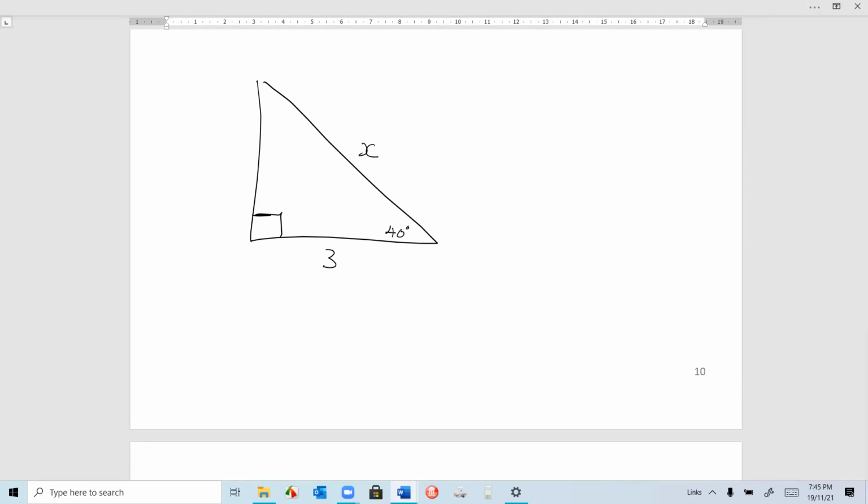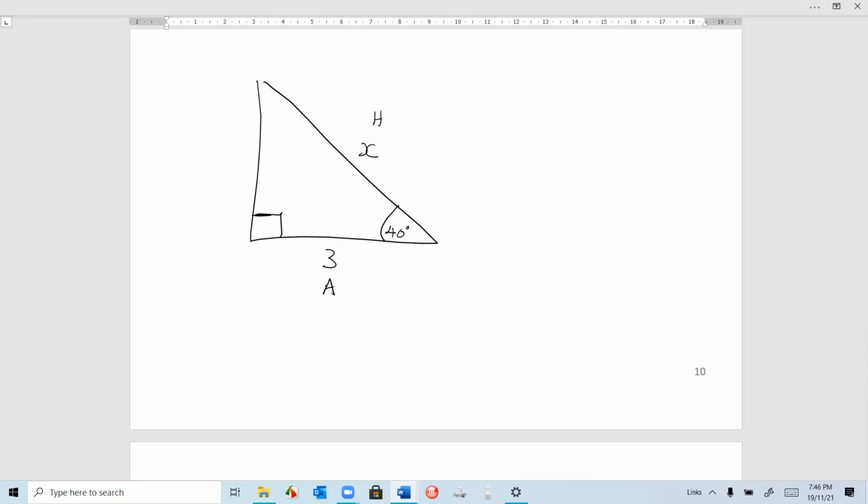So there are 2 ways we could find X. Number 1, we could use SOHCAHTOA. Looking from the angle, this will be my adjacent. That's my opposite, but we don't want to find it, so let's leave it out. And the X actually represents your hypotenuse.